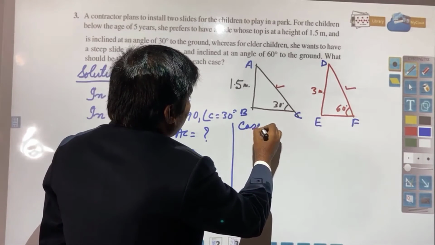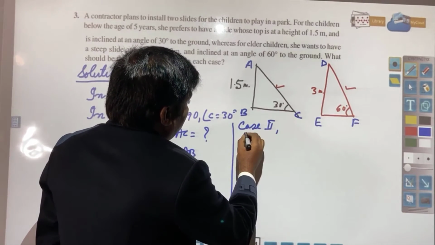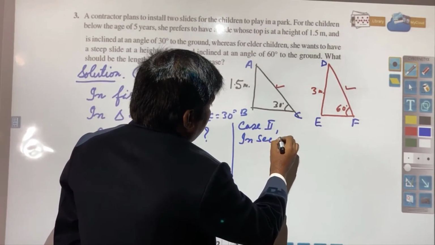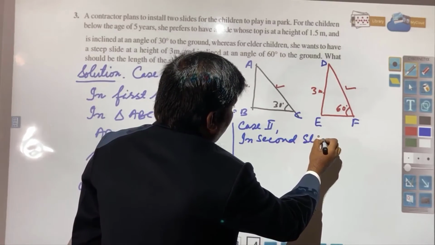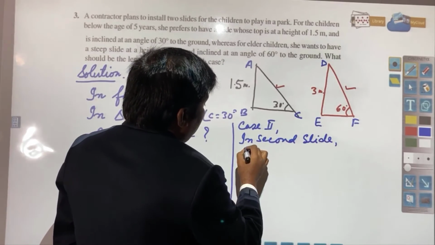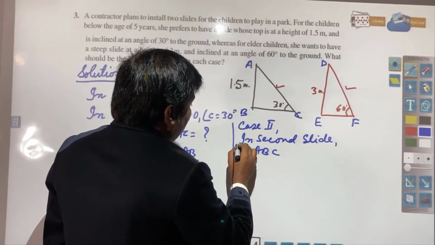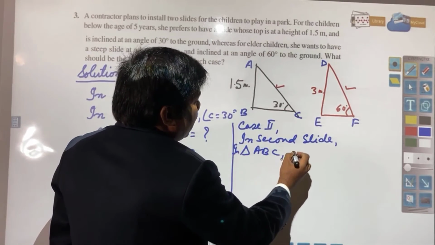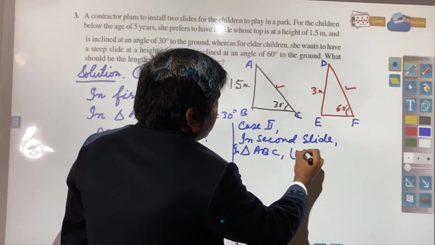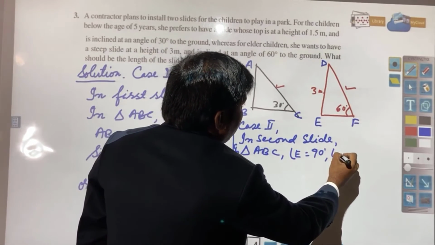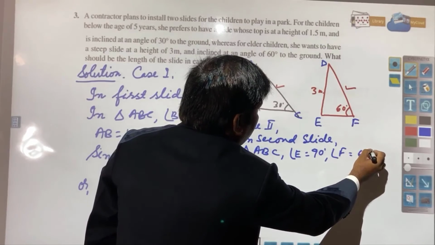Next, in case 2, in second slide, what we have? In second slide, in triangle ABC, angle E is equal to 90 degree, angle F is equal to 60 degree.